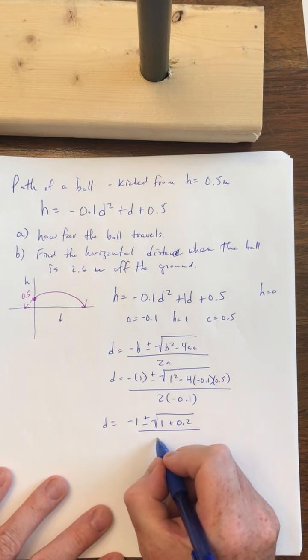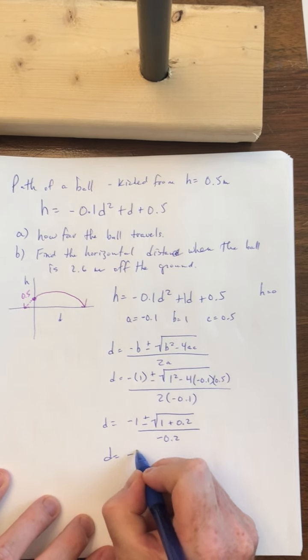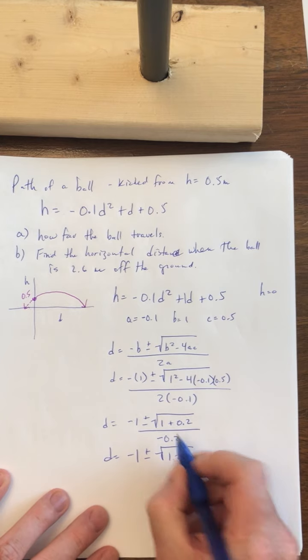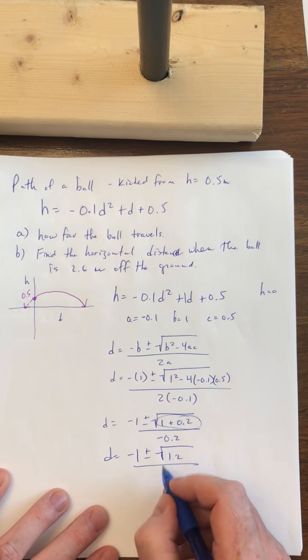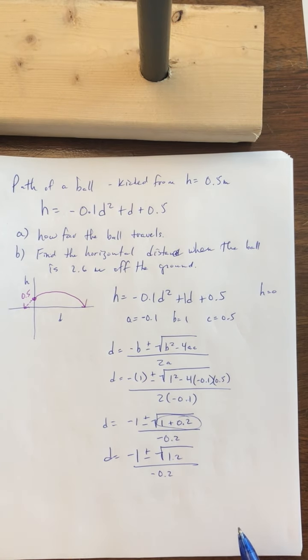And 2 times -0.1 is -0.2. So D is equal to -1 plus or minus the square root of 1.2, when I simplify this, all over -0.2. So that's our two exact roots.